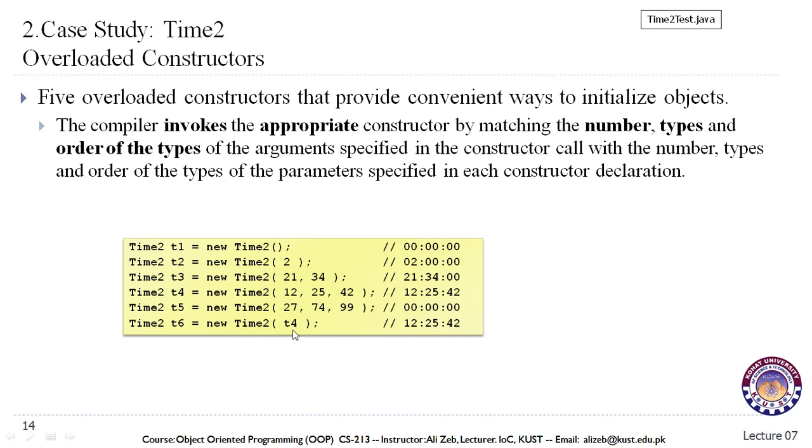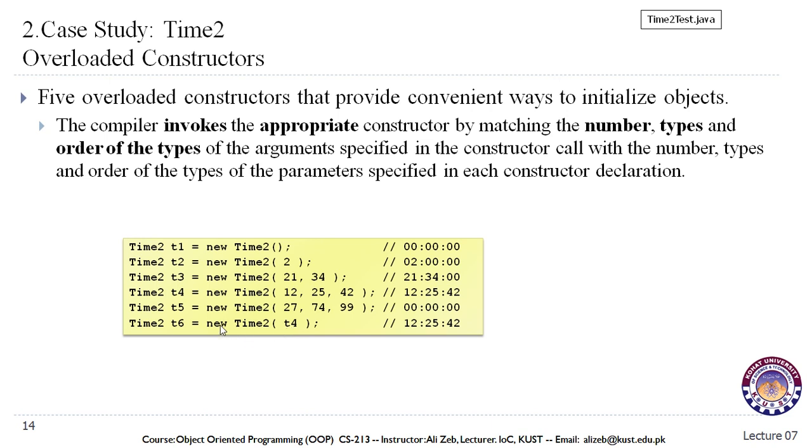And finally, we have a constructor that takes an object as its parameter. We'll see in the next lecture that we can use objects as our user-defined data types in composition. We can pass objects as arguments. We can use objects as variables in our other classes as well.